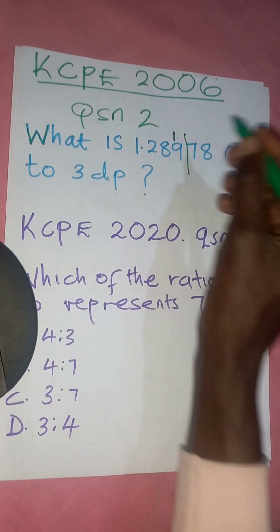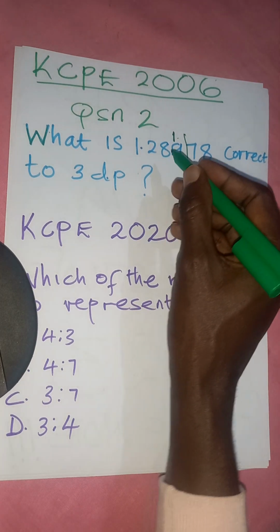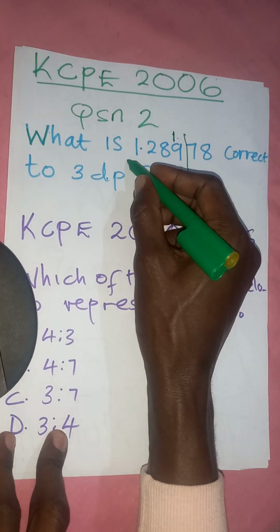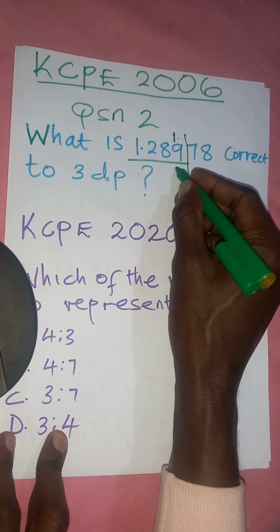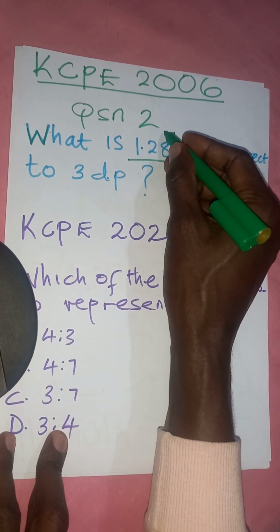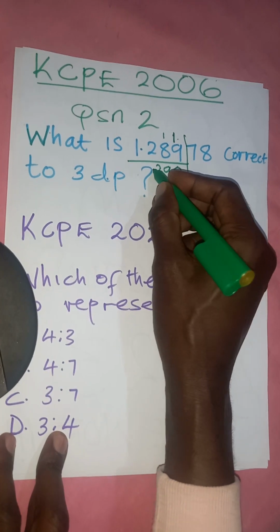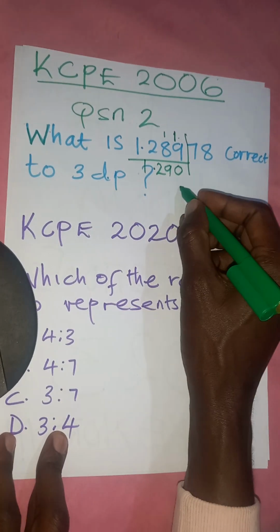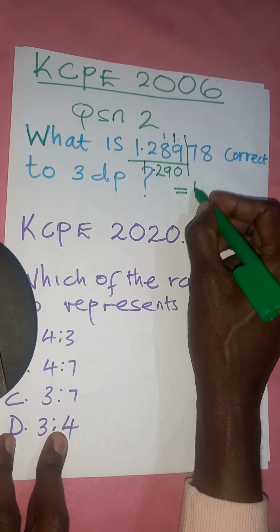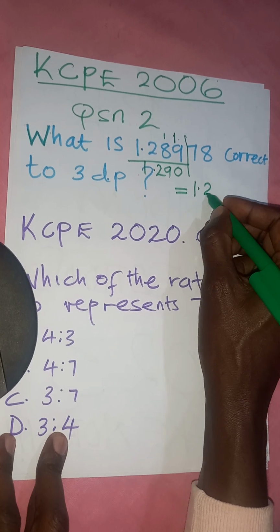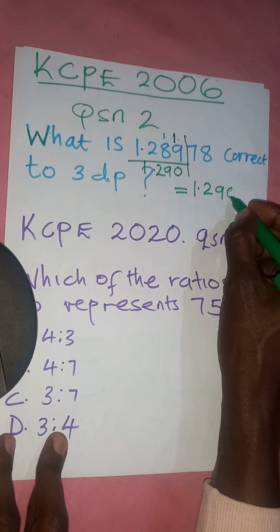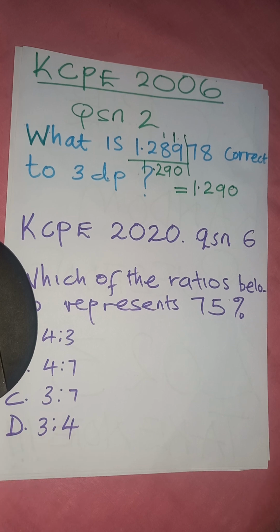We are going to add 1 there, and our new number is going to be 1.290 to 3 decimal places.